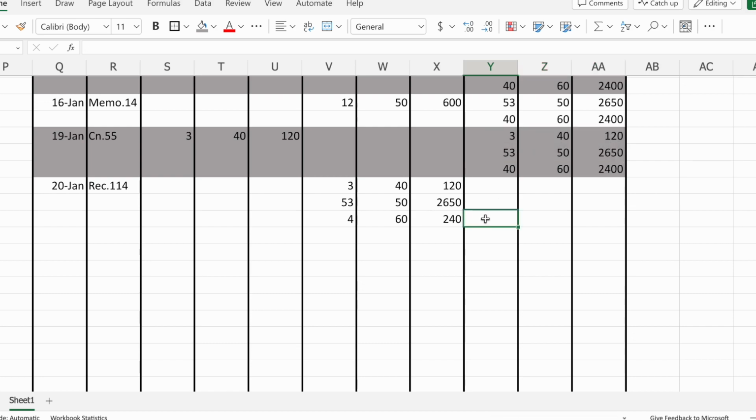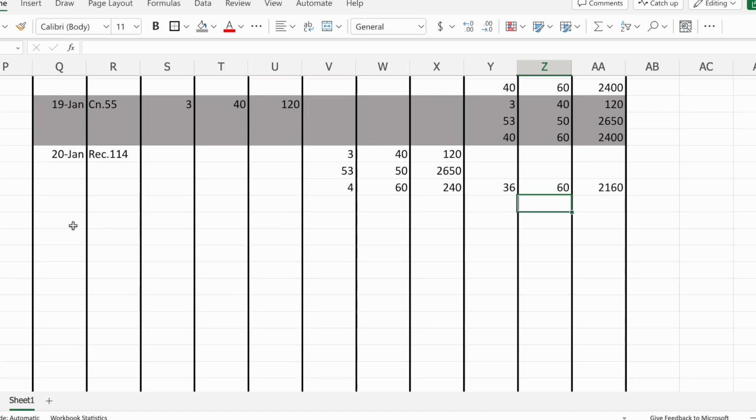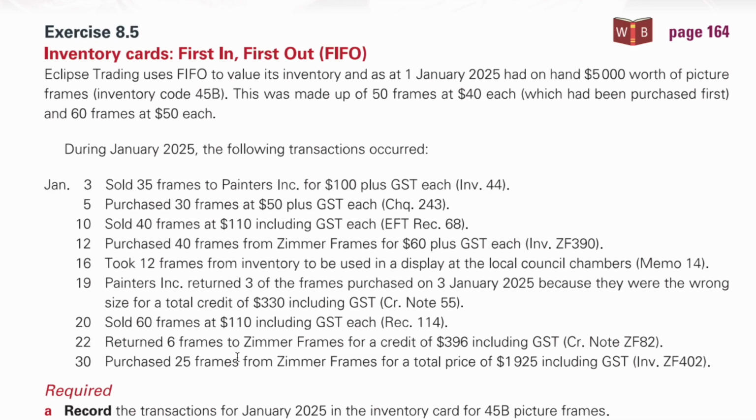So whatever is remaining is 40 minus 4 of the $60 one, which in this case is 36 multiplied by 60. So that's what's remaining. Now we'll go to the next transaction. There's 2 more, I'm pretty sure. If you guys want, you can do this by yourself, but I'm just gonna do it. If you feel confident, just do it by yourself.